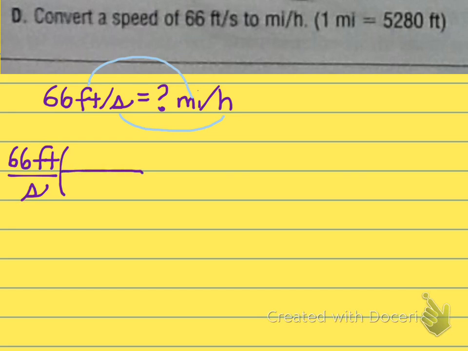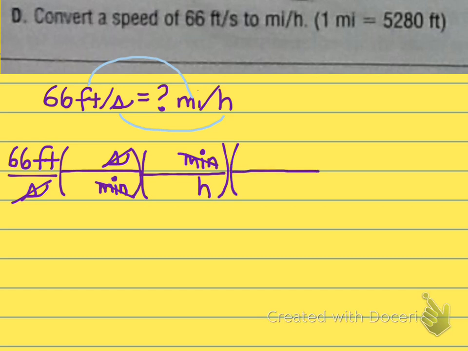So seconds we can easily change to minutes, and minutes we could easily change to hours. So now I'm in feet per hour, but I want miles per hour. So now I need to change feet to miles. Feet have to go on the bottom because they're on the top, and miles goes on the top.